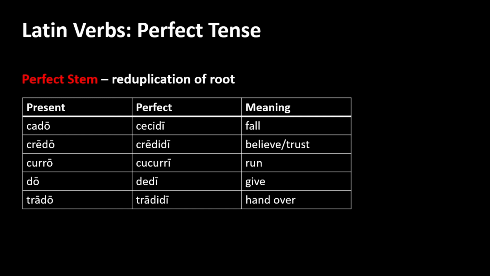One possible help in recognizing these particular kinds of perfect in Latin is to look at the words themselves. The verbs do seem to rhyme internally. And when you see these, you should be able to think, even though I haven't learned the perfect tense of this particular verb, I will do my best to remove the reduplication and make a guess as to what the present tense might be.